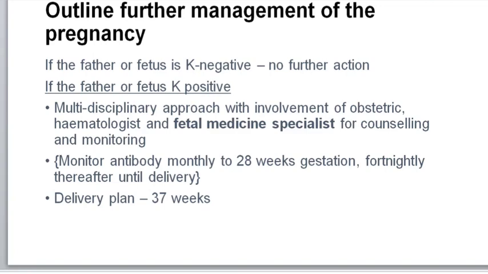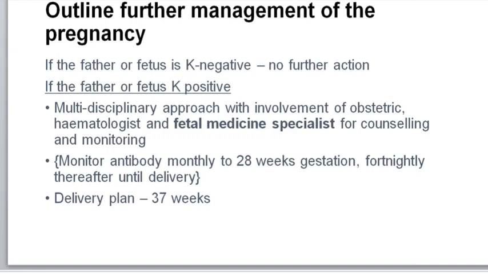They basically tell you how to manage a patient with red cell antibody. So if the father is K negative or the fetus is K negative, then there is no risk of HDFN. No further action should be taken in terms of anti-K except for routine testing at 28th week, which we do for every pregnant patient.